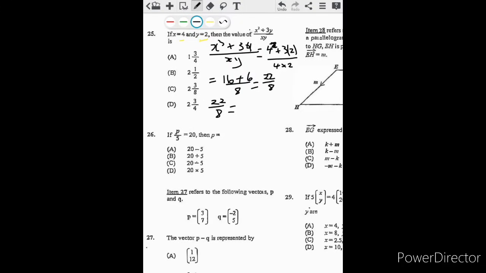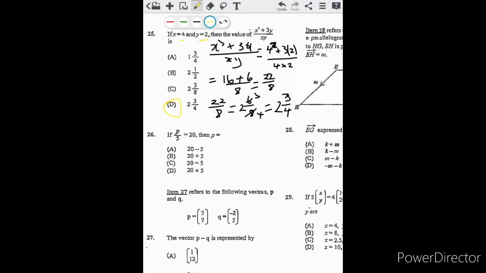We know 8 goes into 22 2 times, and then remainder 6, and then our denominator 8 remains the same. And then we can simplify this, so 2 into 6 is 3 and 2 into 8 is 4. So our answer would be 2 3 over 4. And that is the same as D. So our answer is D.